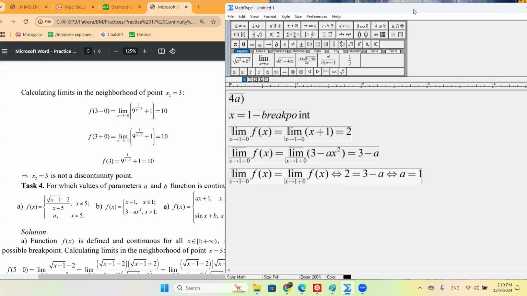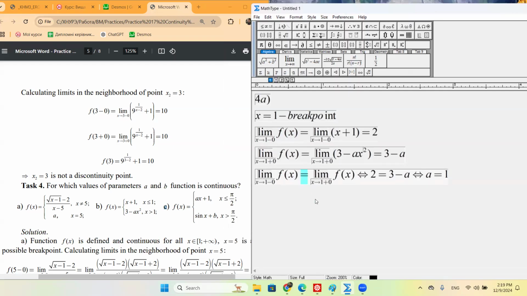Oh, we made an equality because it's a system. Yeah, so we made this part equal to find a. So we know that the limit from the left is 2 and the limit from the right also must be 2. And by the way, let's calculate the function value from the right.